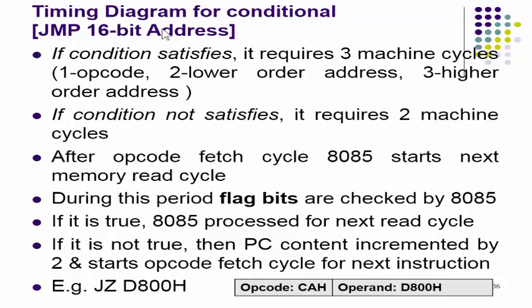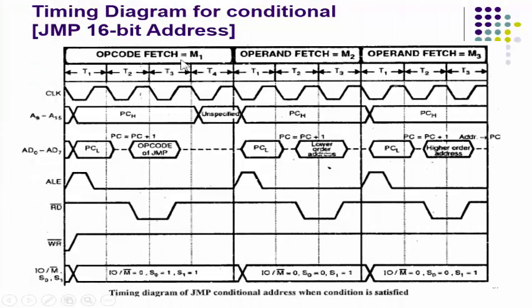So JMP 16-bit address is the unconditional branching instruction. During the execution of the JMP, 8085 will not check the flag bits. Directly it will change the program sequence starting from the address given in front of this JMP instruction.